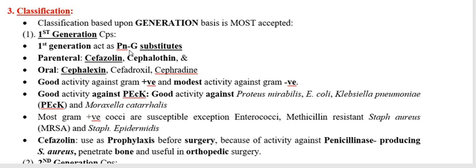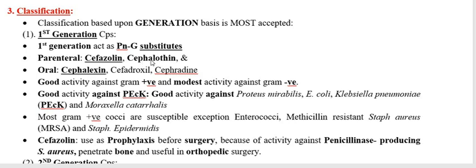The drugs that are very much used are cefazolin and cephalexin. These two drugs are used a lot in the first generation. Other than that, cephalothin is also used.